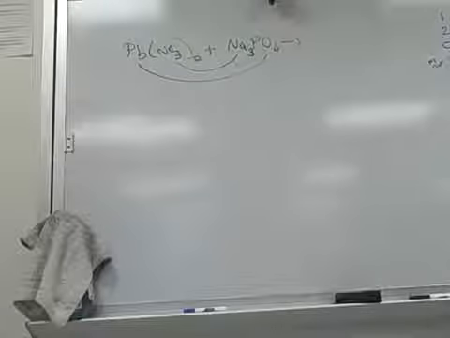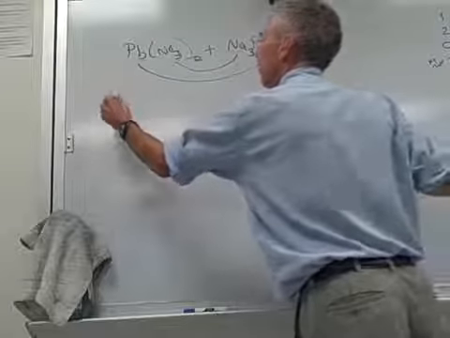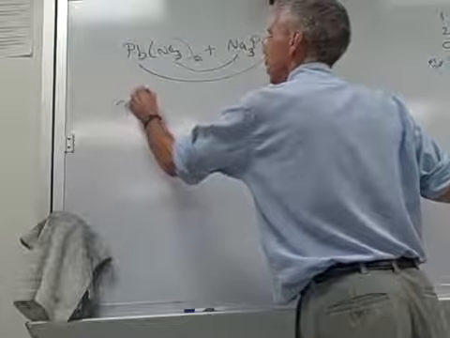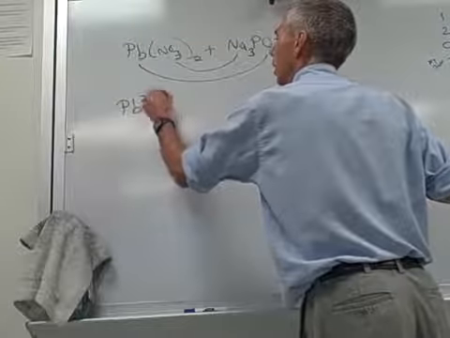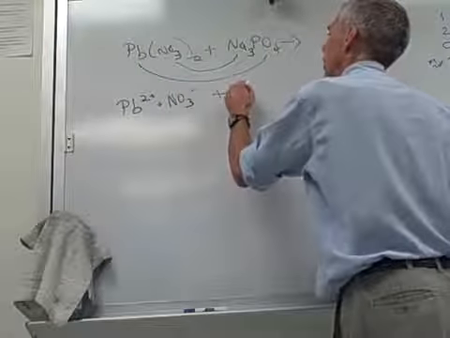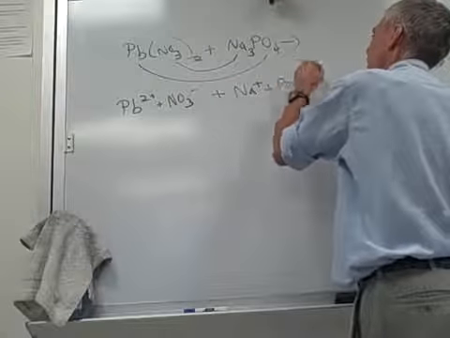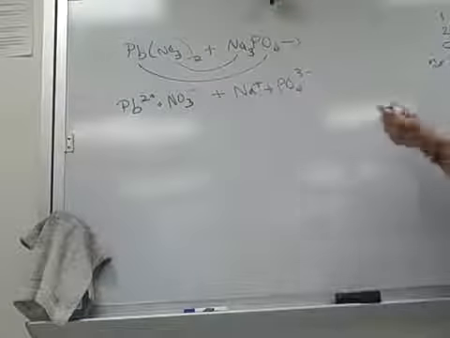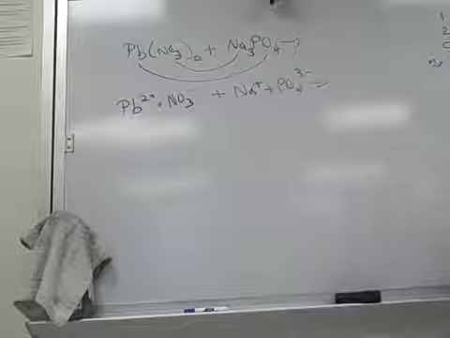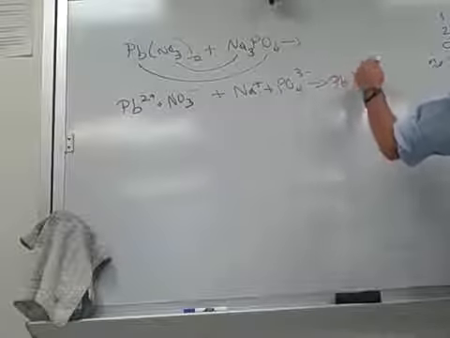So what's going on here? What did we have to begin with? We had lead ions, and we had nitrate ions, and we had sodium ions, and we had phosphate ions, right? And what fell out? What came out of the solution? Pb, PO4.